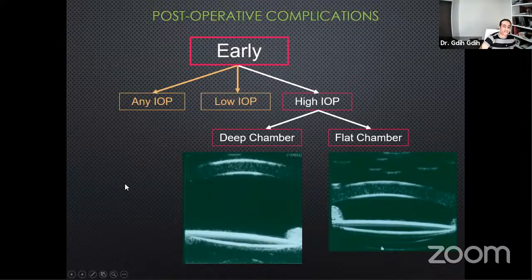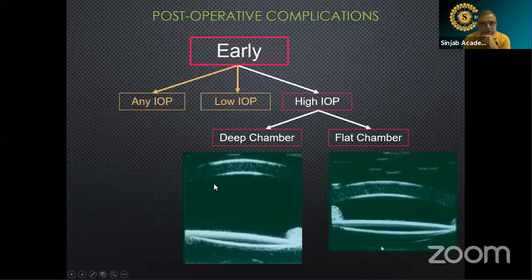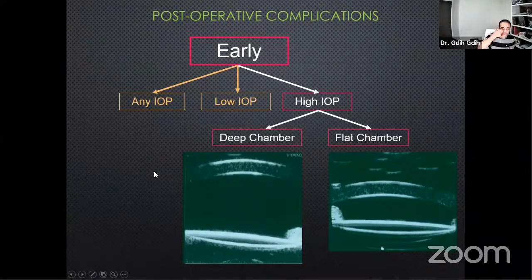That means we have a blockage somewhere, so our filtration surgery is not working. Or you can have high intraocular pressure, but a flat or very shallow anterior chamber. How come? So where is the aqueous now? In the vitreous, malignant glaucoma. Exactly. So if we follow the aqueous, we will always know what's going on.